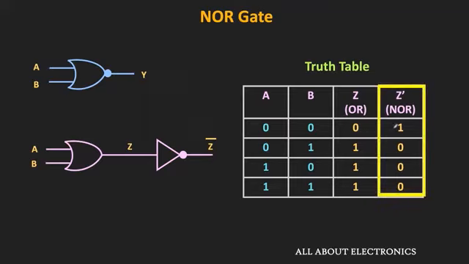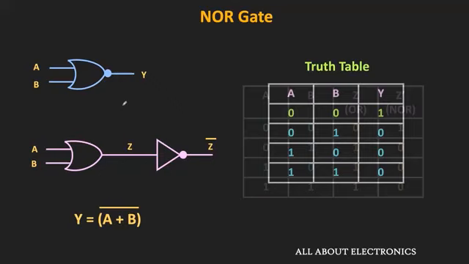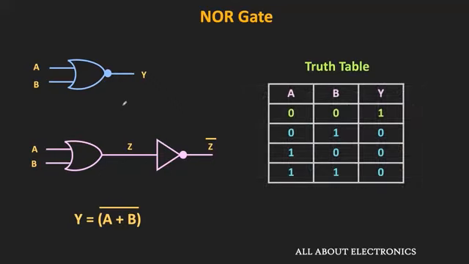And that is the output of the NOR gate. That means the output of the OR gate followed by the NOT gate is equivalent to the output of the NOR gate. And the Boolean expression of this NOR gate is equal to A plus B whole bar, which indicates that the output of the NOR gate is the complement of the OR gate. So as you can see from the truth table, the output of the NOR gate is 1 whenever both inputs are 0. So that is the 2 input NOR gate.